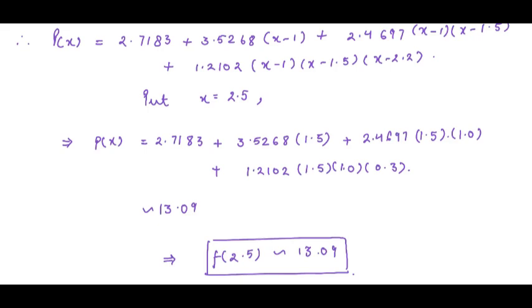And most importantly, we saw this method can handle unequally spaced data points. The key formula to remember is the Newton divided difference polynomial, that is P_n(x). And the most important advantage is that unequally spaced data can be used.